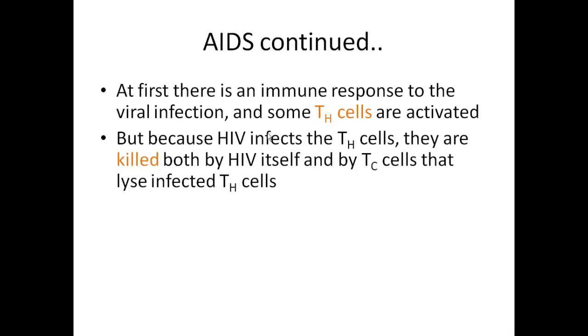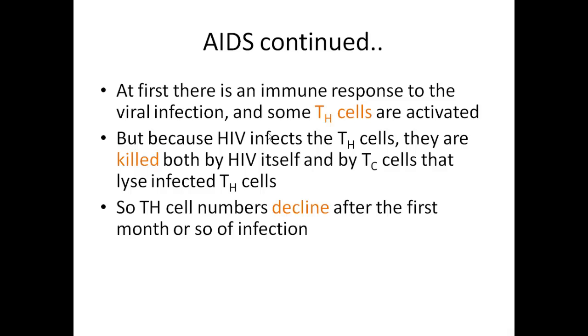However, because HIV is infecting the TH cells, they are killed both by HIV itself and by the TC cells that lyse the infected TH cells. So the TH cell numbers decline after the first month or so of contracting HIV.